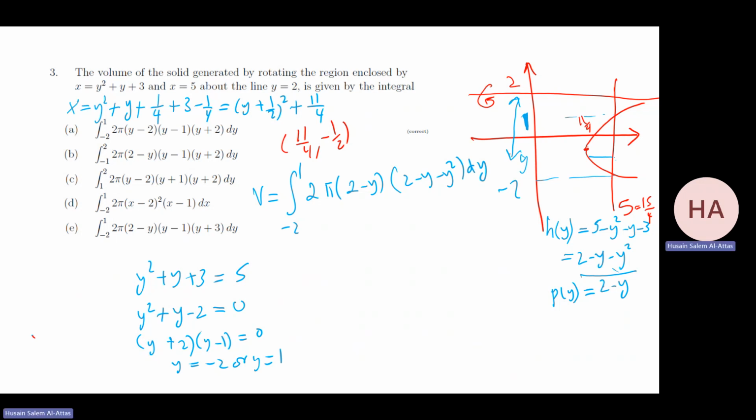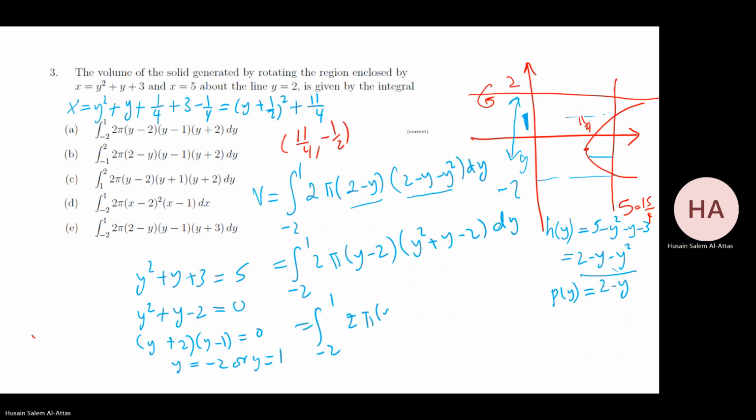I want to simplify this. Yeah, I can take minus common factor and minus common factor from here. So that gives me 2 pi y minus 2 y squared plus y minus 2 dy. Now I can factor this one, which is y plus 2 times y minus 1 dy. So this will be my answer. Okay.